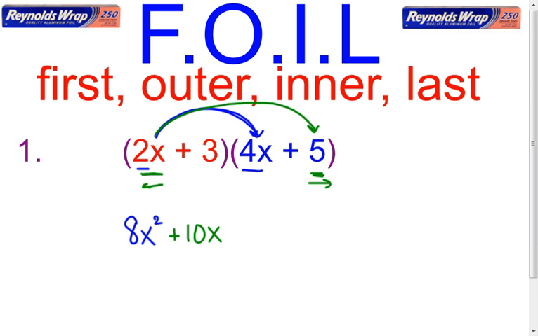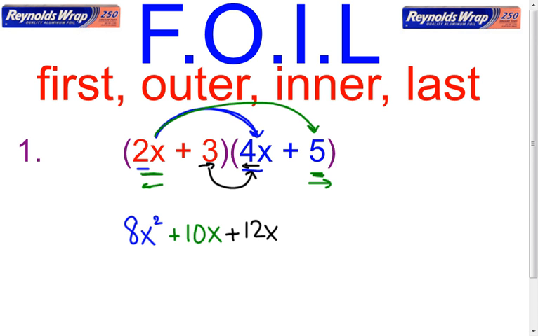Okay, now I've done everything that I can with a 2x. I have distributed it through the entire second parentheses. Now I'm going to do the same thing with the 3. I'm going to take 3 times 4x. Notice these are the two inside terms. So 3 times 4x is 12x.